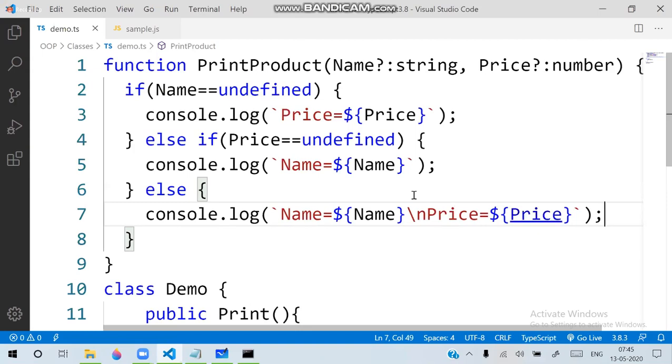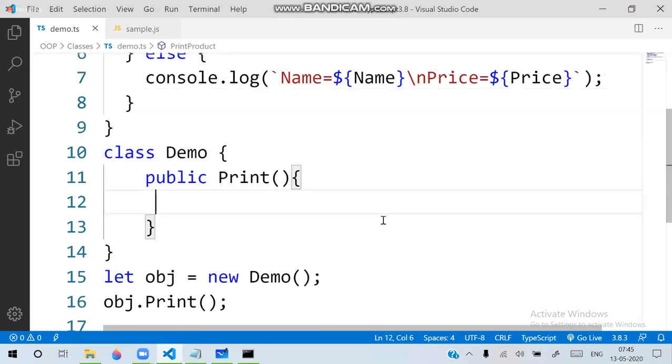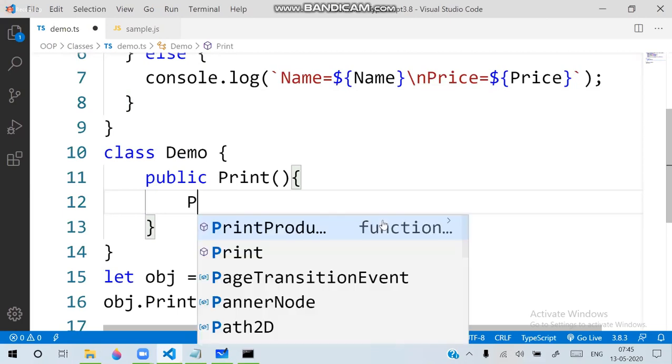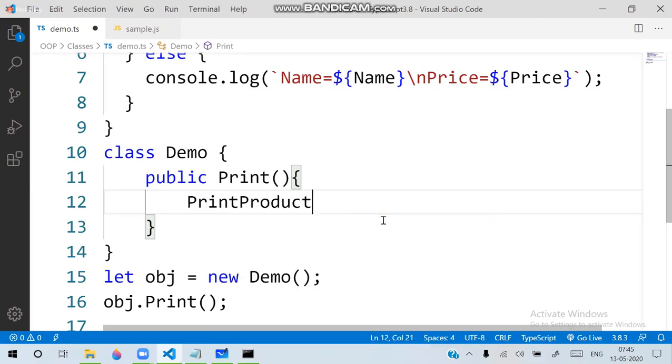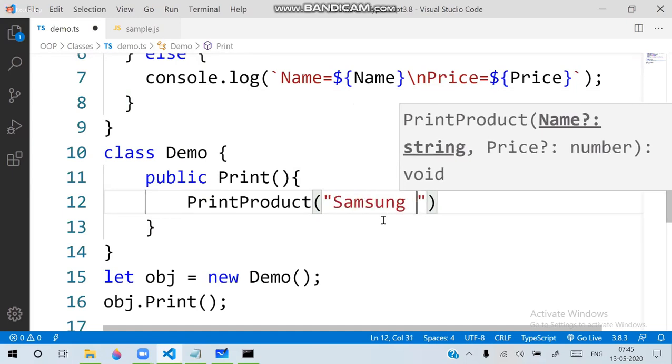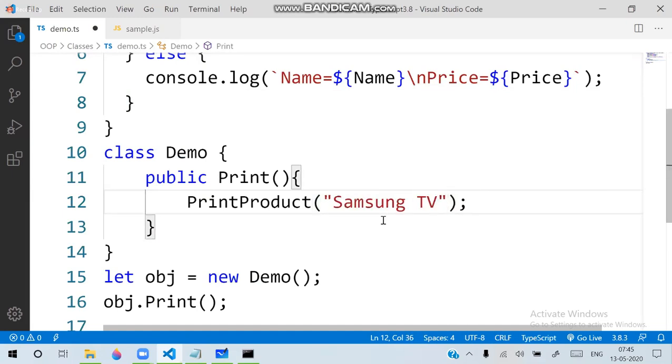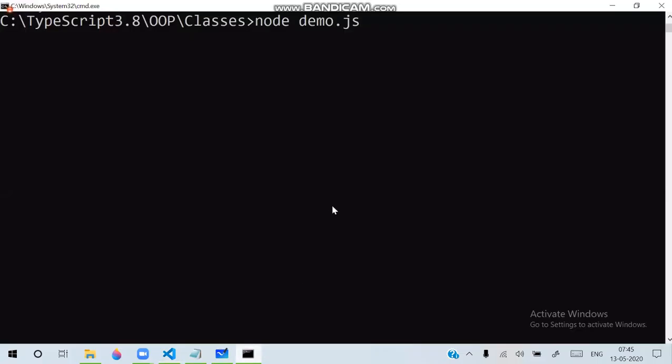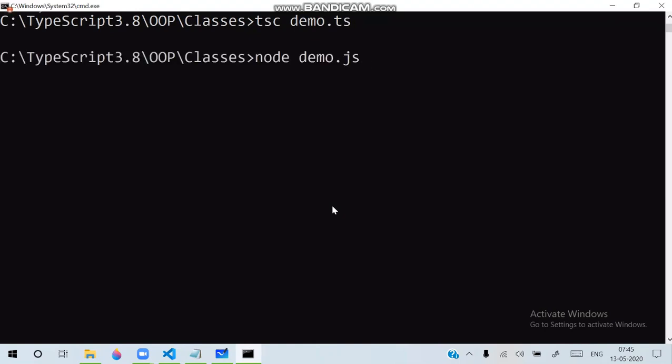And observe carefully. This is where we are discussing the point. So print product, I am passing the name as Samsung TV. I am passing the name, and it is printing the name only.